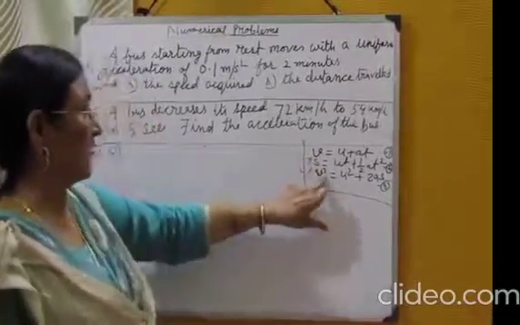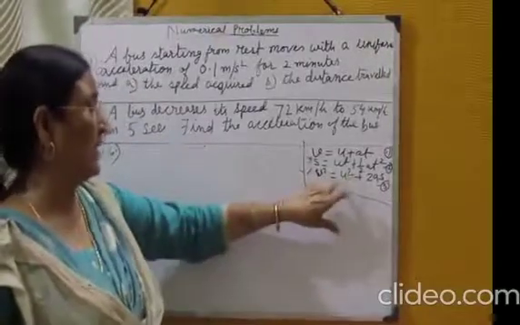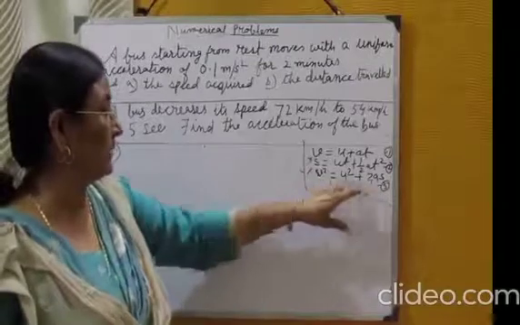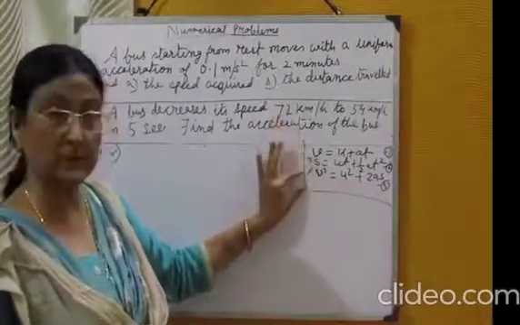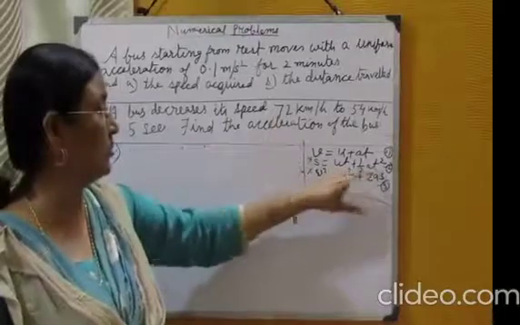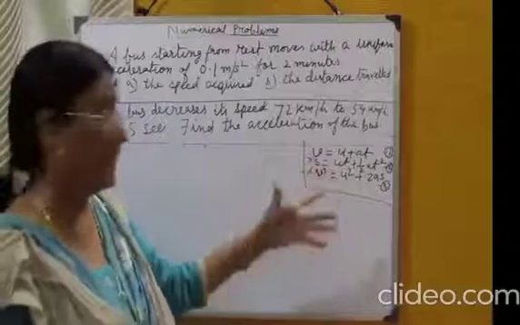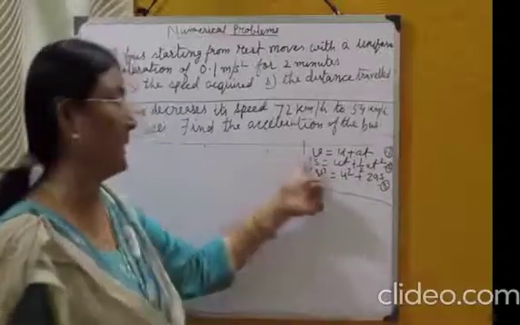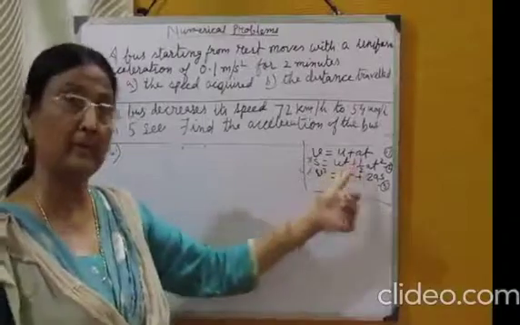Any one. I think this equation will be very suitable because we know this one. You can take this one also, because here t I also know, and here v I also know. That depends upon you. If you take this equation, you will also get marks.